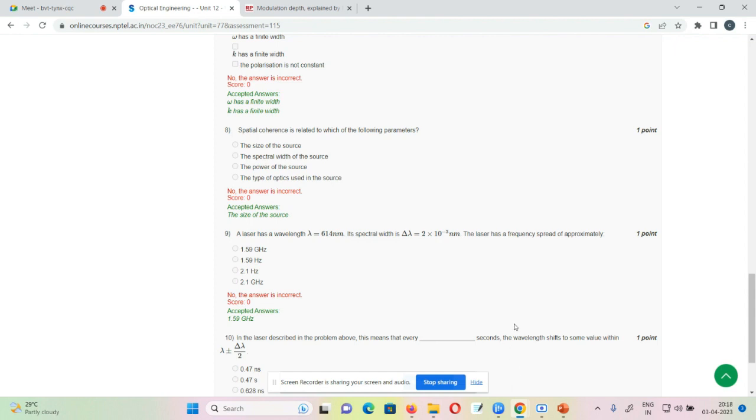So what will happen if the size of the source is much higher? Coherence can be higher or it can be poor if the size is high.